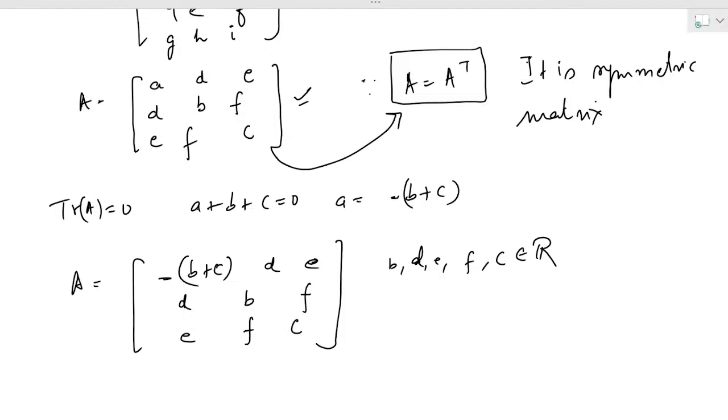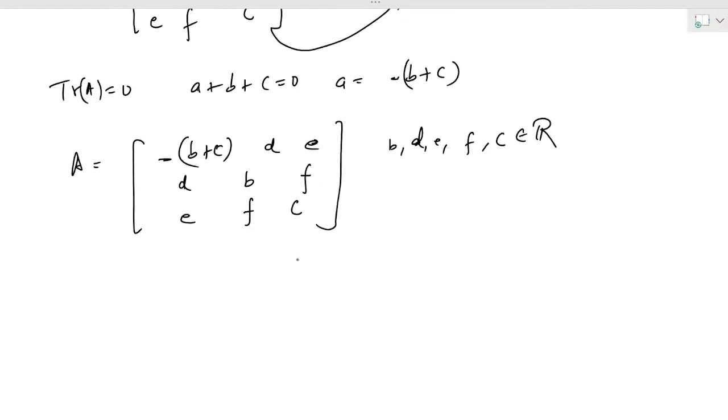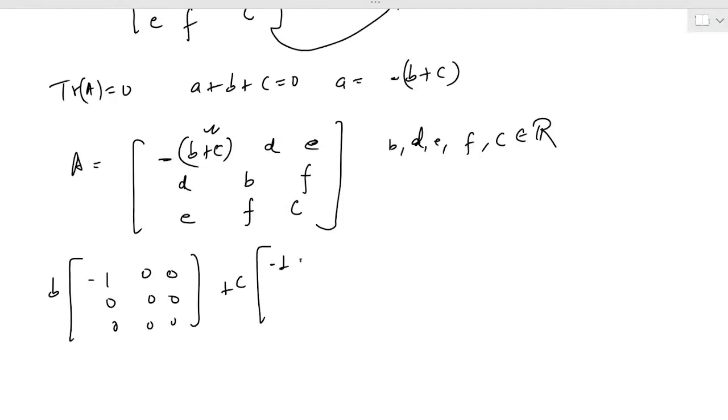Okay. Now we want to write the basis for the same. So first get rid of this thing. What I'll do, I'll write minus 1, 0, 0, 0, 0, 0, 0, 0, 0, and then I will write C here and minus 1, 0, 0, 0, 0, 0, 0, 0, 0, and then I will write plus D so that I can get settled with this.